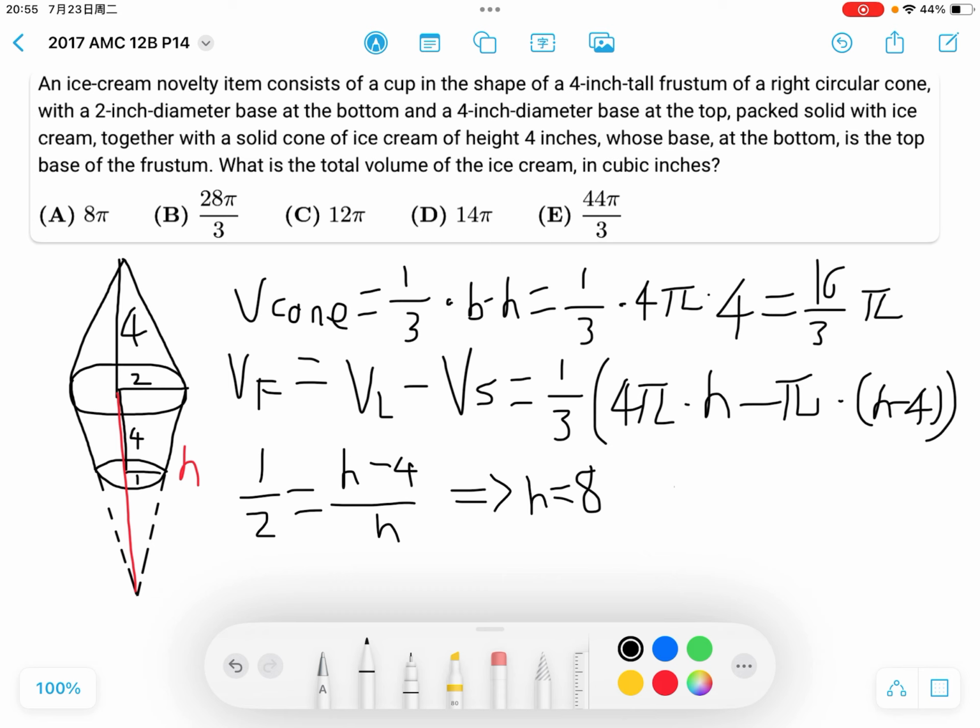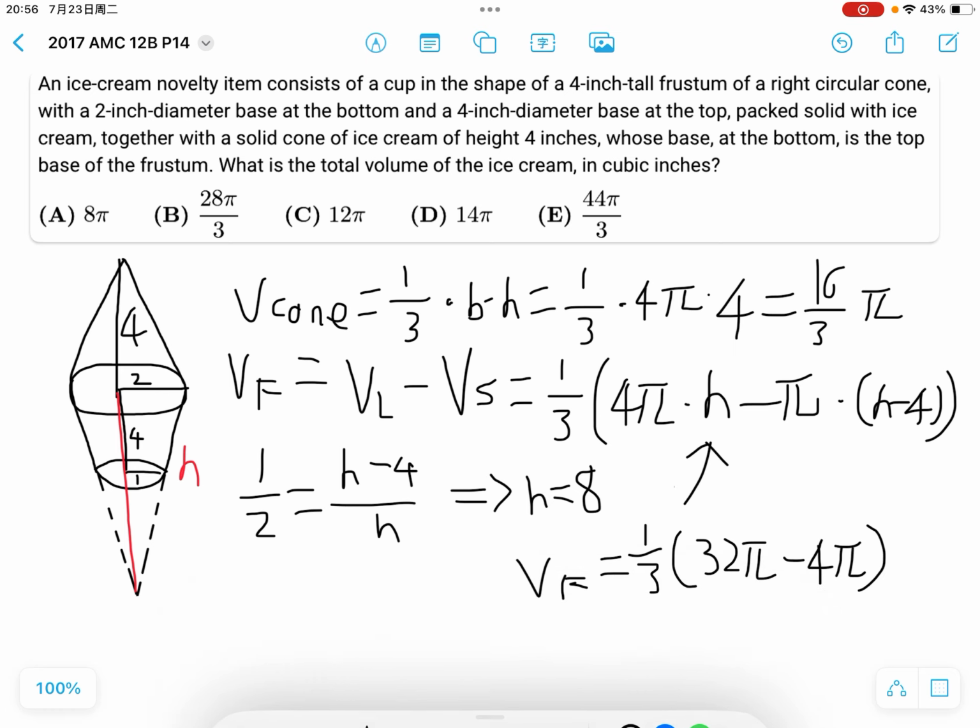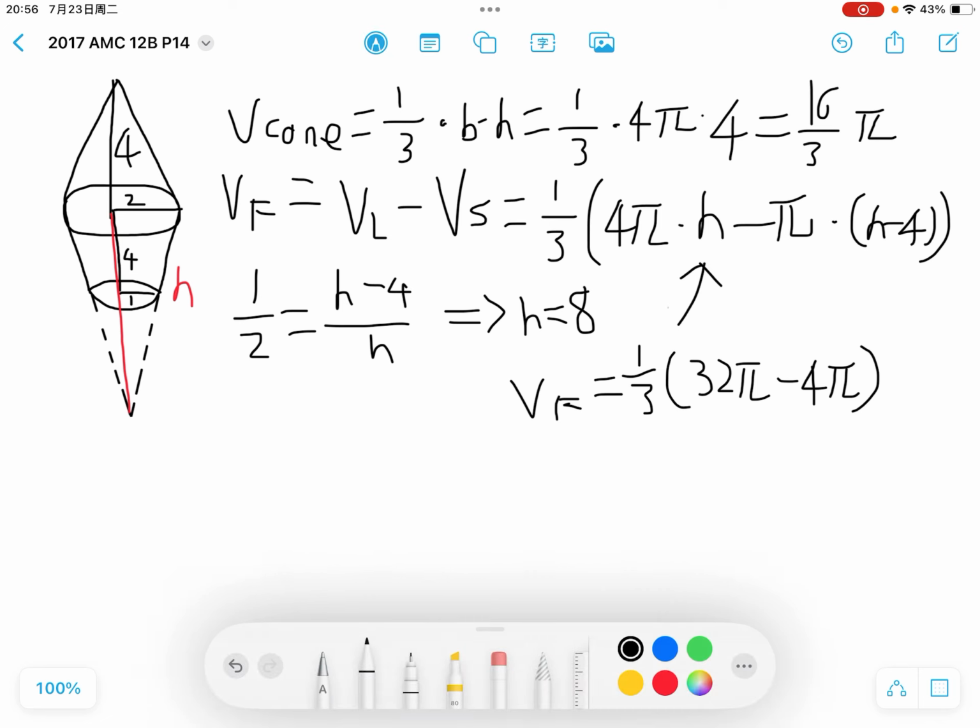If we know H equals 8, we can plug that into this equation, and we get that the volume of the frustum is 1/3 times 32 pi minus 4 pi. And this gives us 28/3 pi.